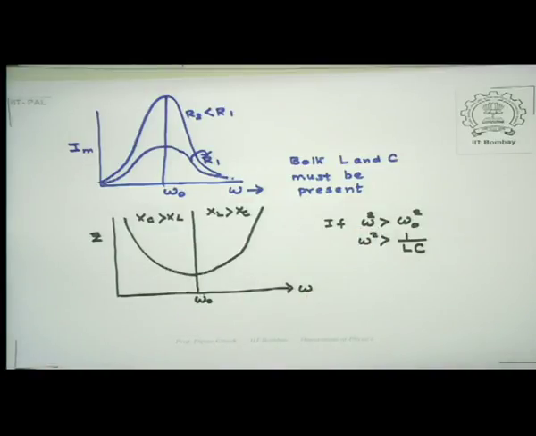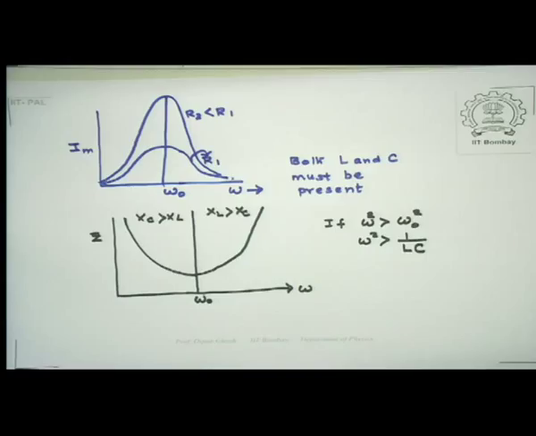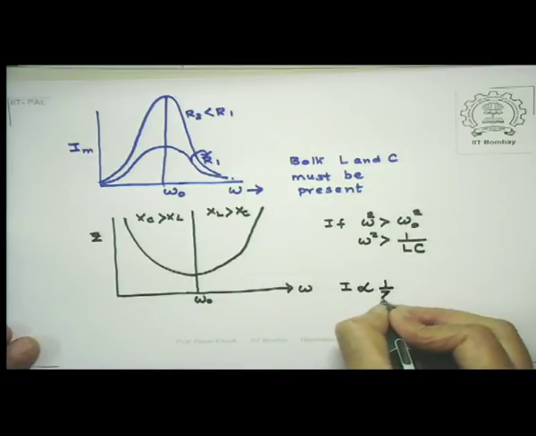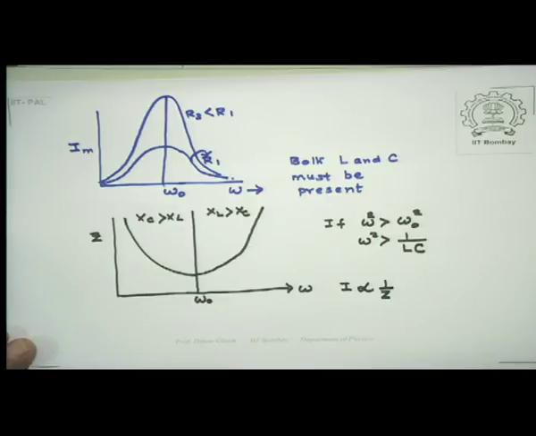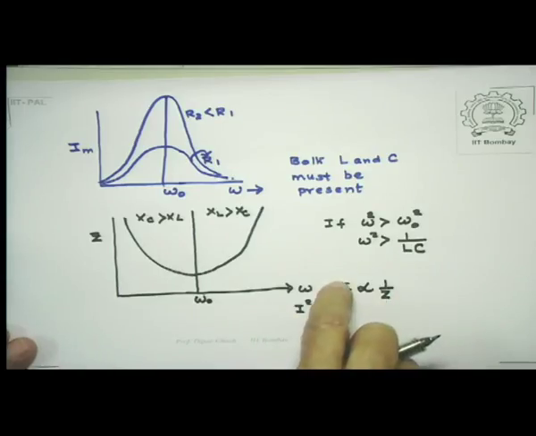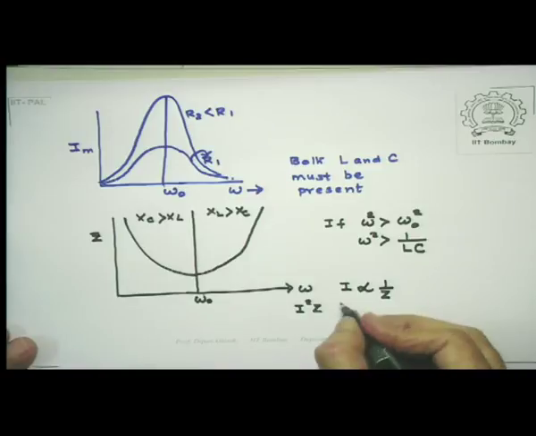Now what's the idea of this resonance? Since the impedance is minimum, and you remember the current is proportional to 1 over Z, because maximum current is Vm by Z, then the current is maximum, and the power goes as I square Z. If Z is minimum, current is maximum, and I square Z, which is the power absorbed by the circuit, is also maximum at omega equal to omega 0.